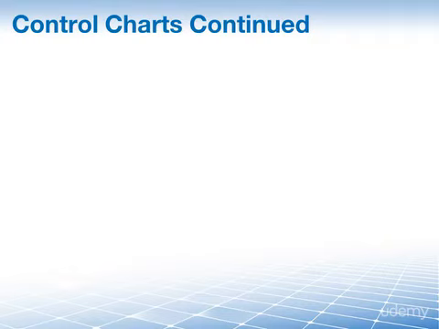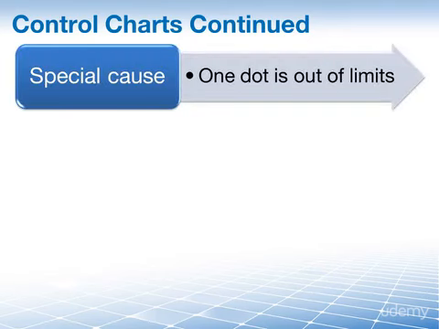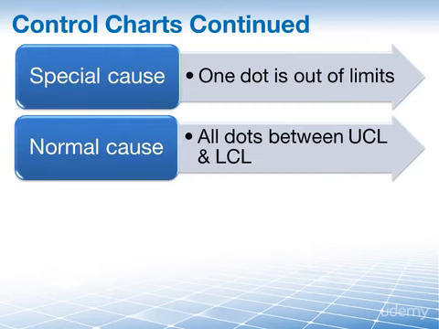There are 4 more concepts that you should be familiar with in regards to control charts. First of all, if one of your dots is way outside of the control limits, but it's the only one, then this may very likely be what we call a special cause. The normal cause or expected variations are all those dots that are between your upper and lower control limits.